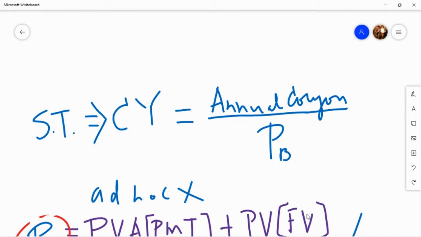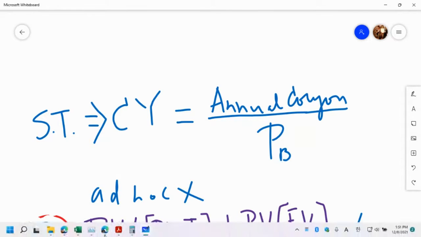Isn't it obvious? The maximum you can earn is the annual coupon. So that's why you divide the annual coupon by the current price of the bond.